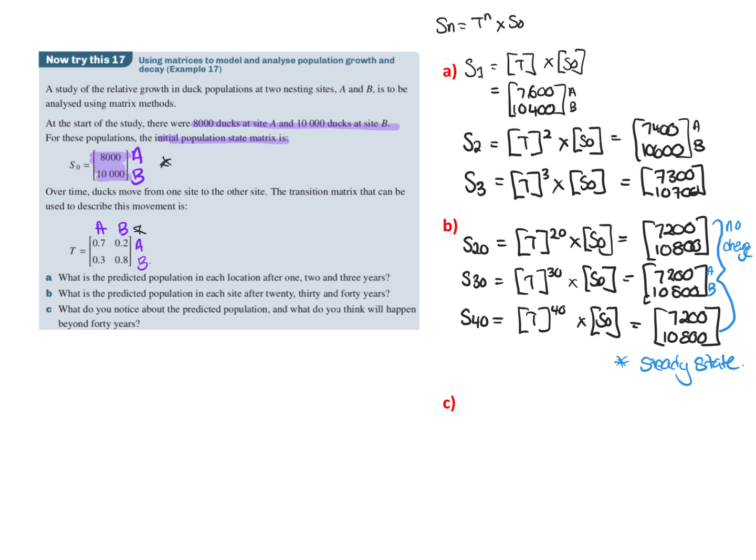So what do you think will happen beyond the 40 years? So we might write, I think it will remain as 7,200 at A and 10,800 at B.